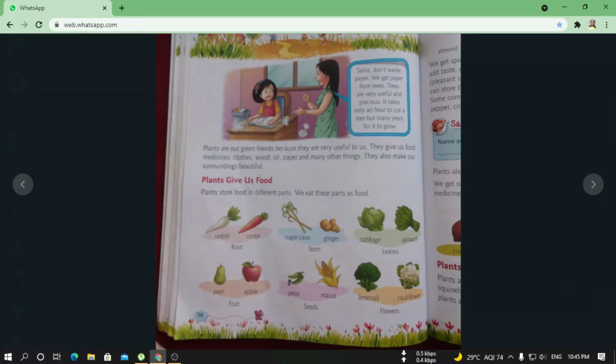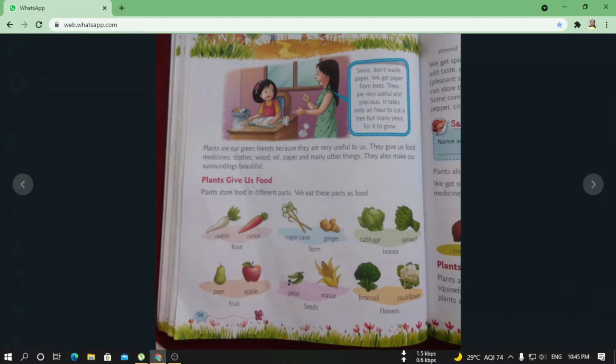These are the parts of the plant from which we get food: root, stem, leaves, fruits, seeds and flowers.